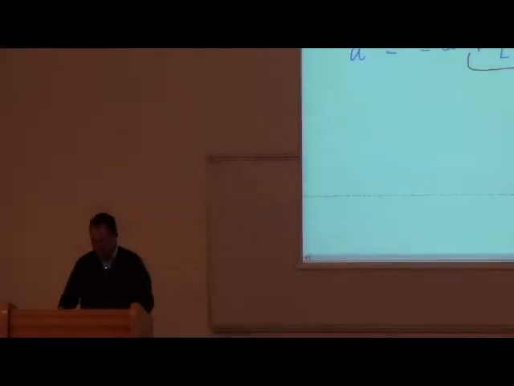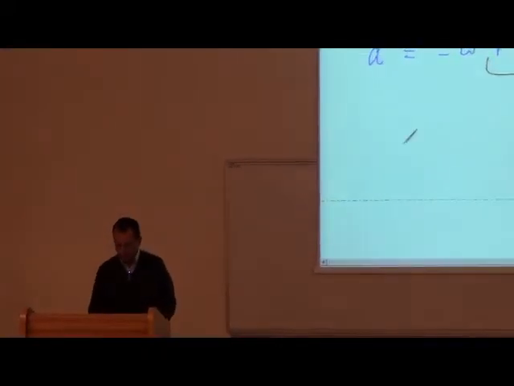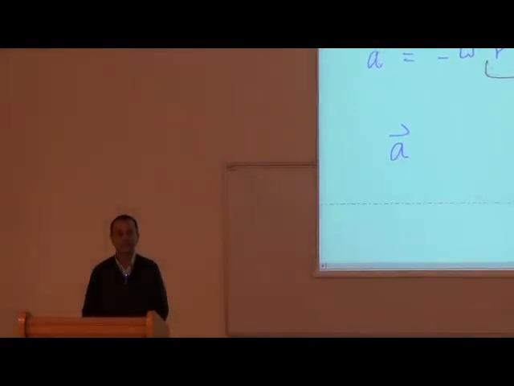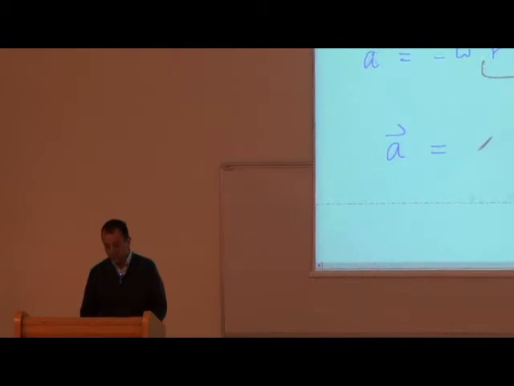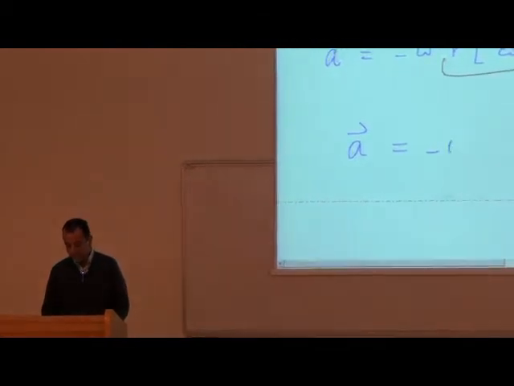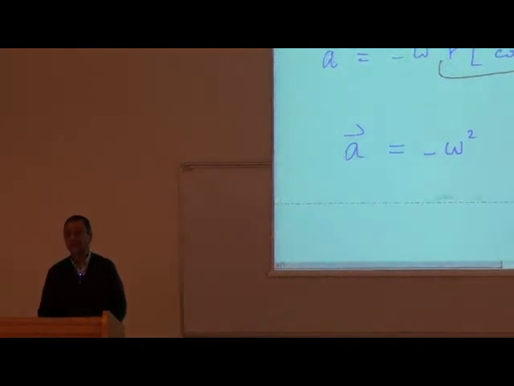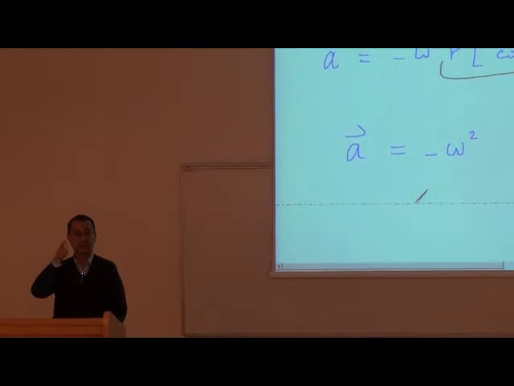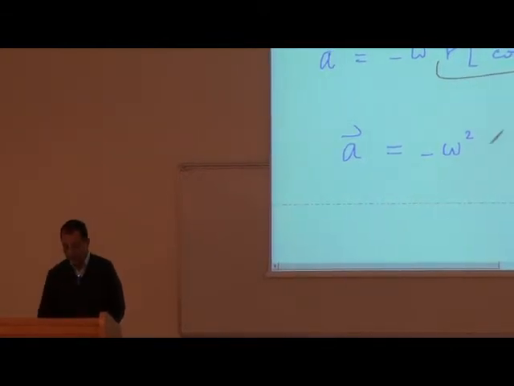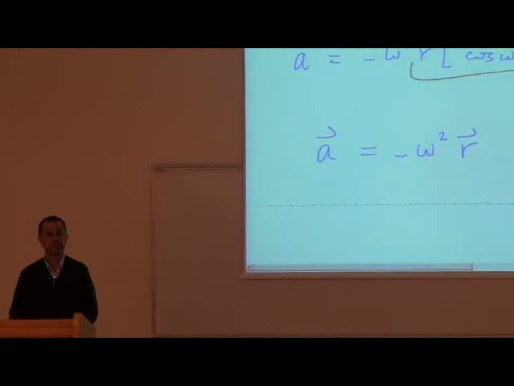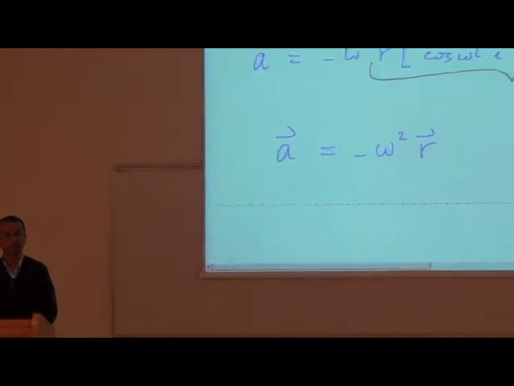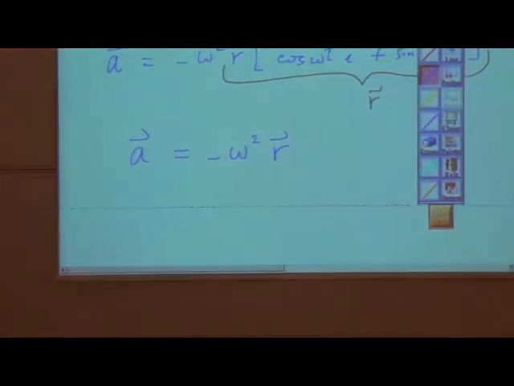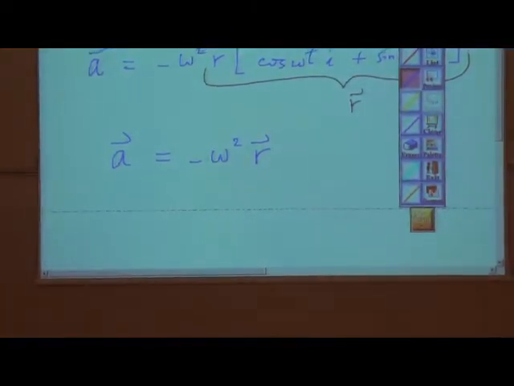So I have found that the acceleration in uniform circular motion is simply minus a constant, omega squared, the square of the angular speed, times the position vector. Now let me go back to the picture to see what this means.